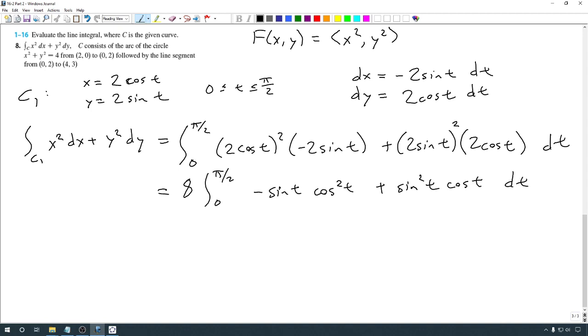It actually turns out a little easier to do each piece of this individually. For this first one, I would make the substitution of u equals cosine. So du is negative sine. For this one, it's easier to do v equals sine, so that dv equals cosine.